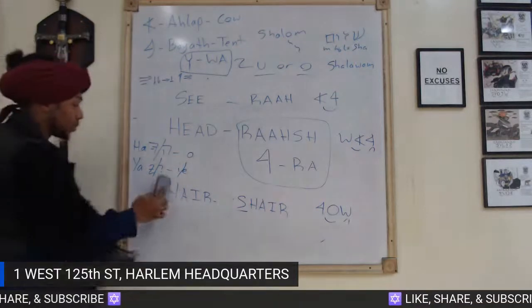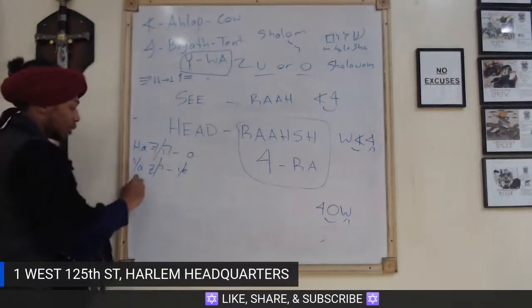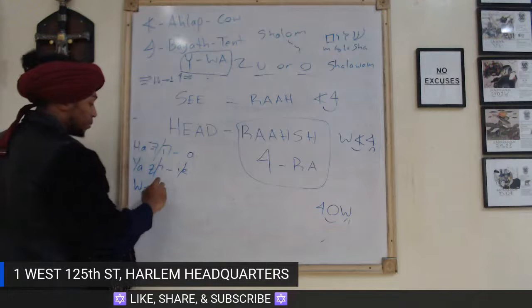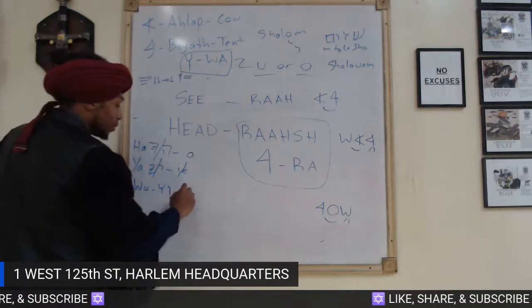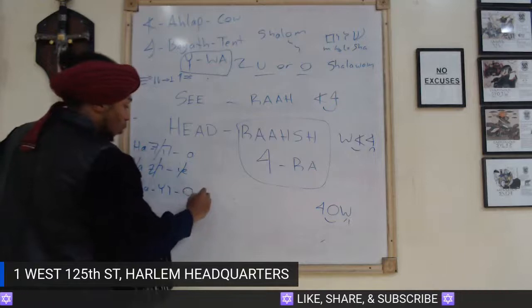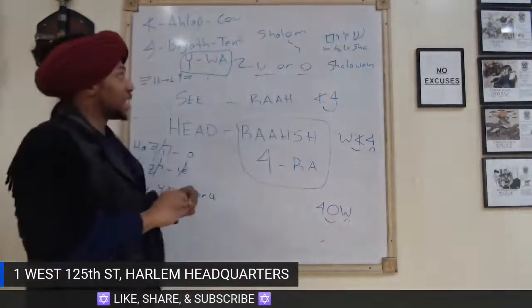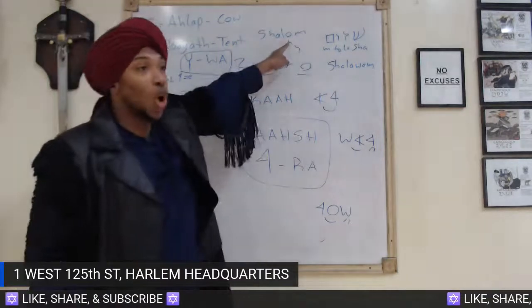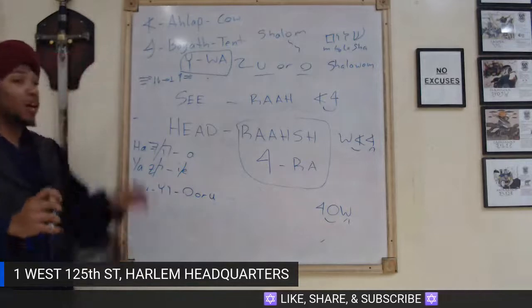And the wa was an O or U. The wa became a what? O or U. Which is what we got right here. And that's the same O that's in shalom. All right? Keep going. And then hold on.